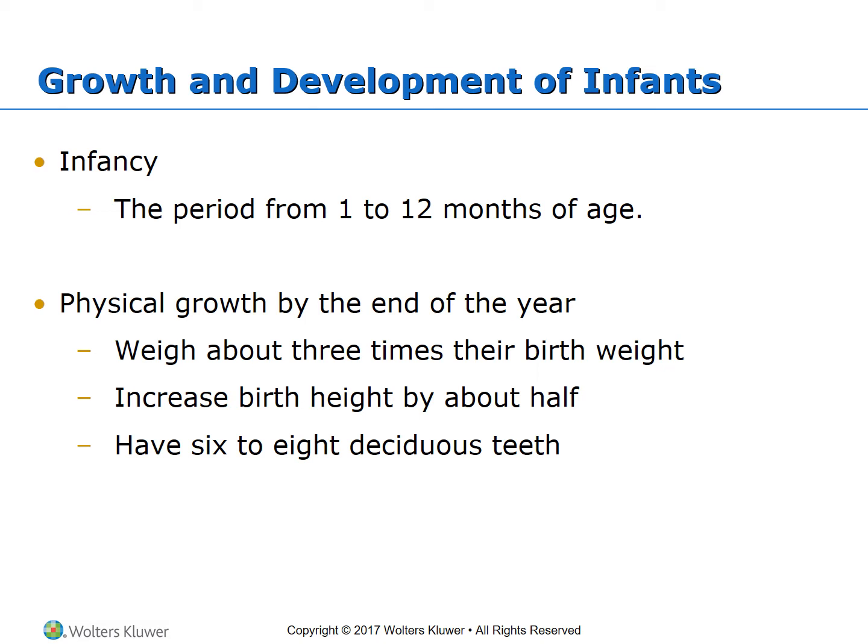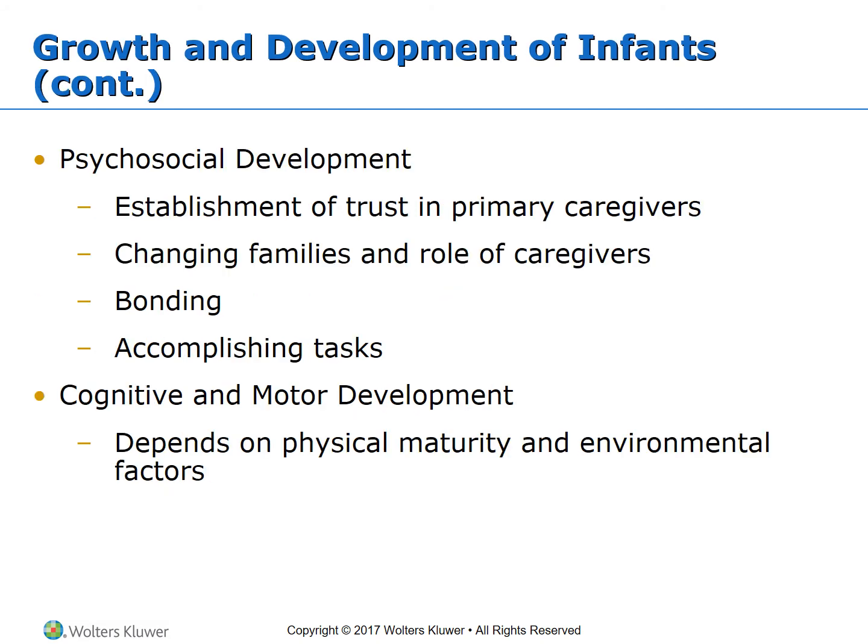So remember, infancy is a period from 1 month to 12 months of age. A neonate or newborn is the first 28 days. Psychosocial development. Infants must learn to develop trust, and they expect their needs to be met immediately.